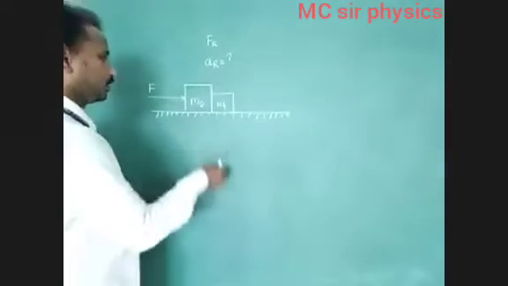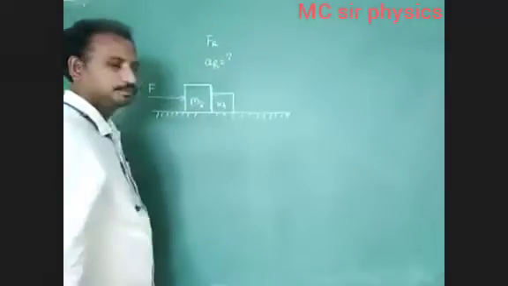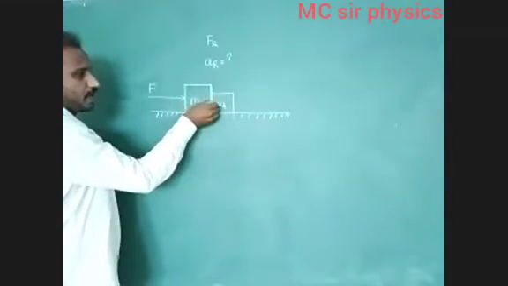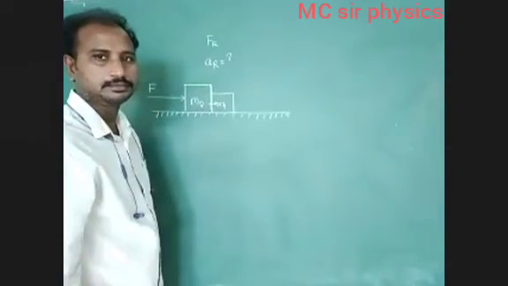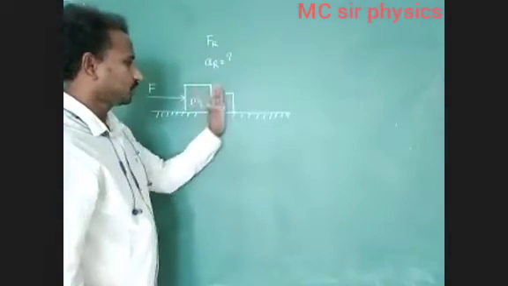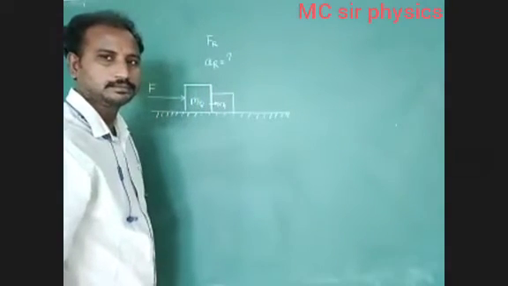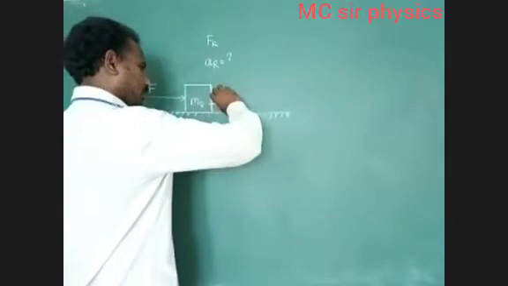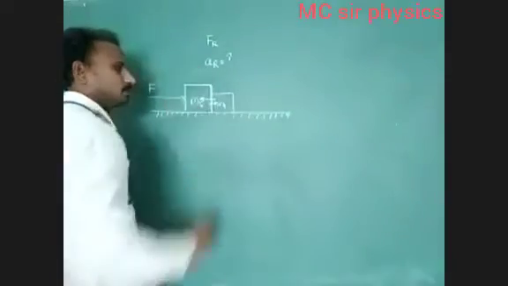Next, you can find out here the M2 block. The M2 block pushes the M1 body in which direction? Forward direction. It pushes M1 towards the forward direction. According to Newton's third law, M1 pushes M2 in the backward direction.